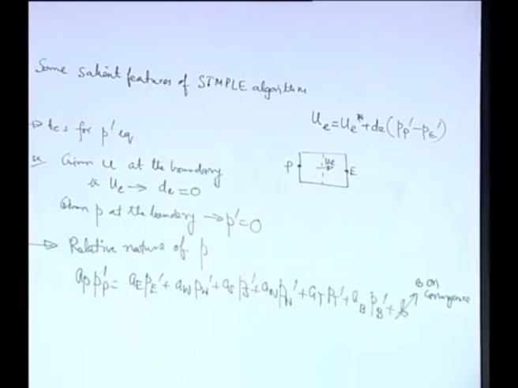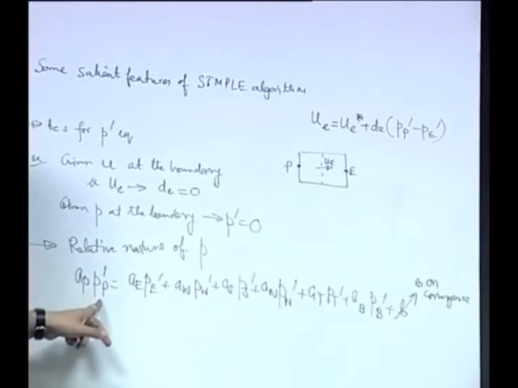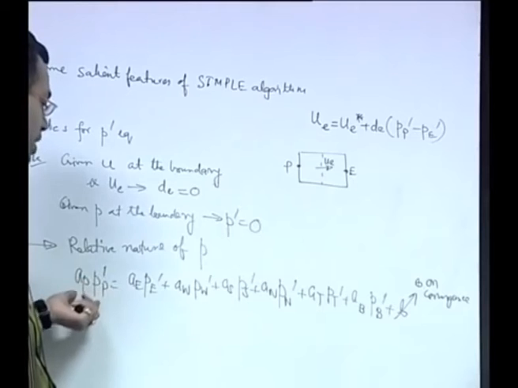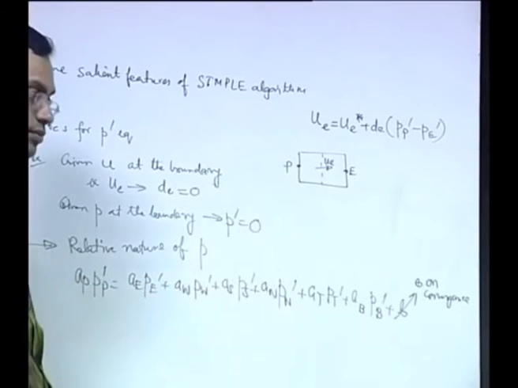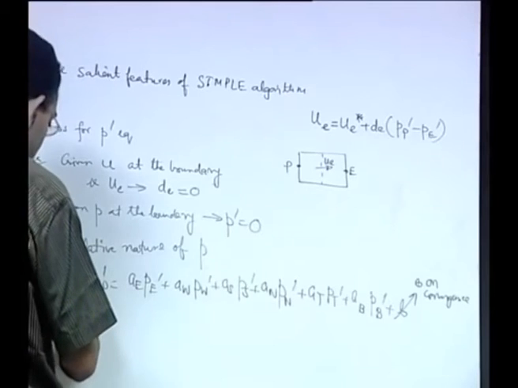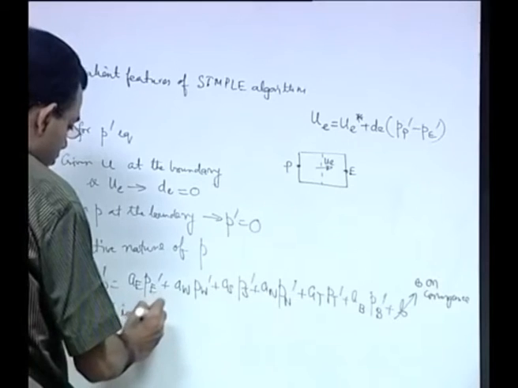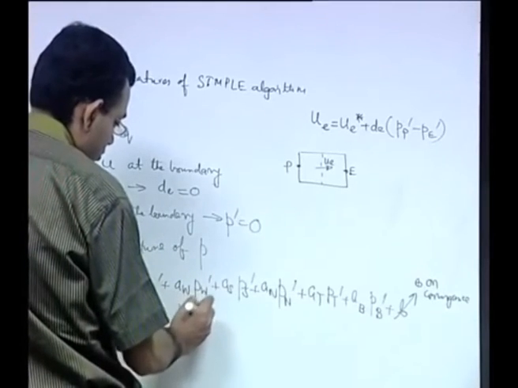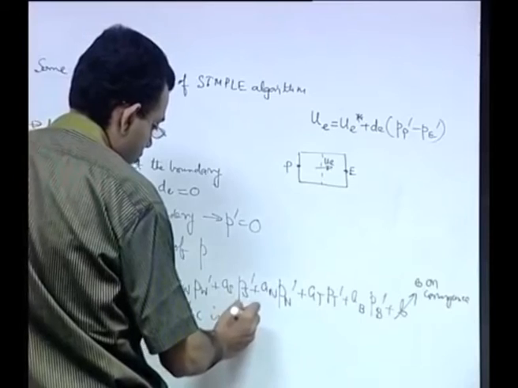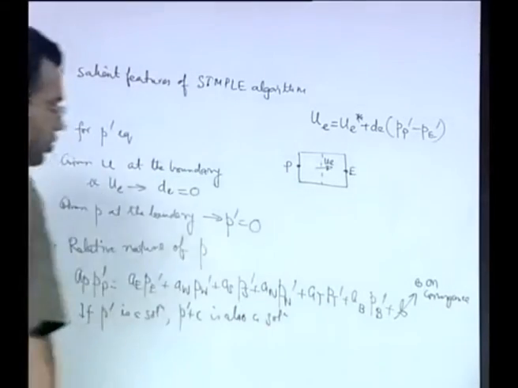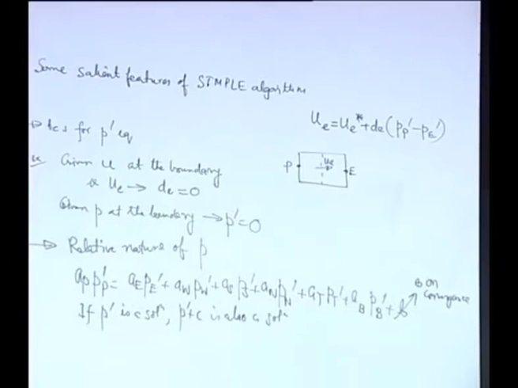then we can see that if P dash is a solution of the equation, then P dash plus C is also a solution, and that follows from AP equal to the sum of the neighbor coefficients A and B. So you cannot get an unambiguous solution of the pressure correction.